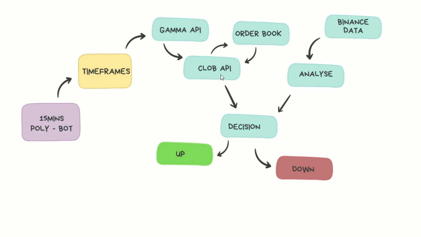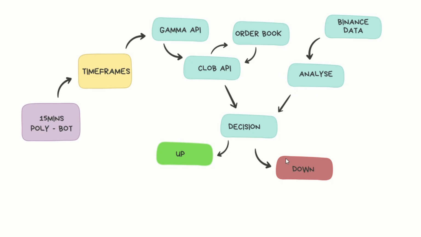But on both sides, if Binance is saying, your analysis is saying that the price of BTC is going up, and the up token is showing you a bigger confidence, or it's pricing higher than the down tokens, then it might be complementing each other.